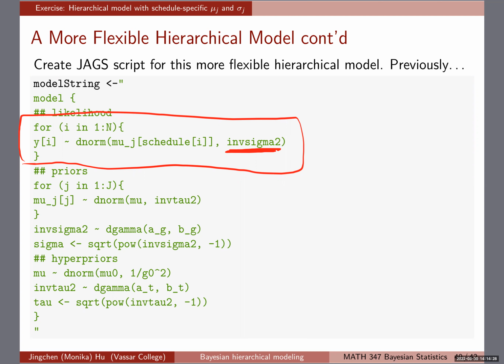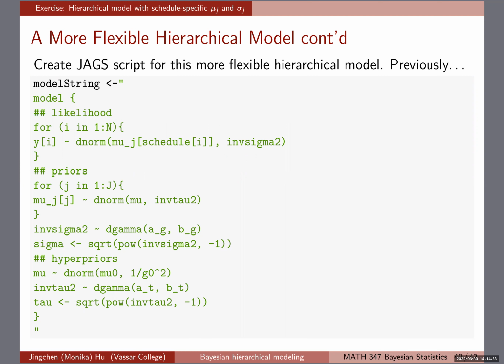So I'm going to use my pen here to highlight the changes you have to make. Here, this should be j-specific as well. And here you should probably add a line about inverse sigma squared, also j. And then they should all be a gamma.